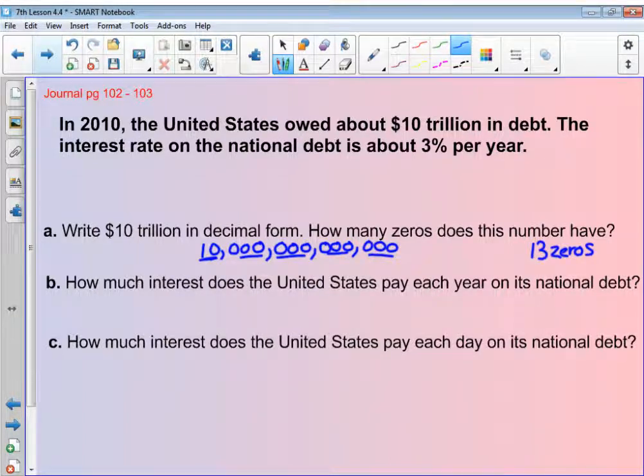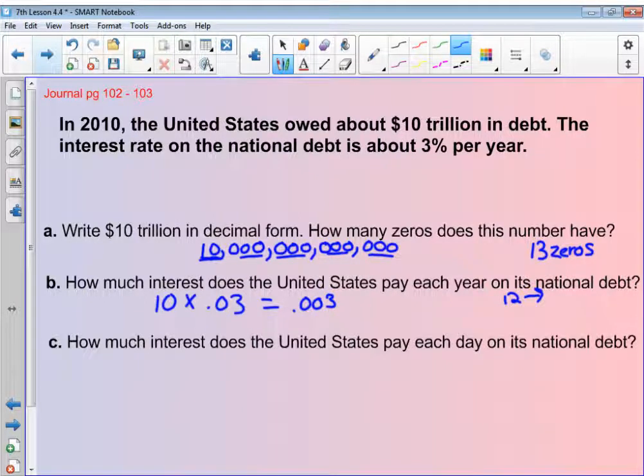Instead of 13, we're going to move our decimal place, because I took one of those off, 12 places this direction. We're going to take that front number times 3%, which is 0.03. So 10 times 0.03 gives us 0.003.